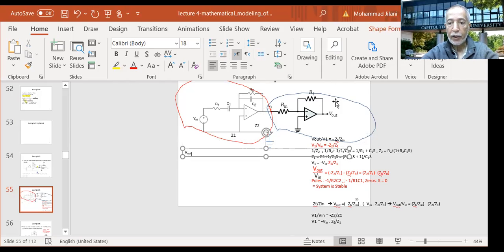So this is the V out right here. Divide by V1.